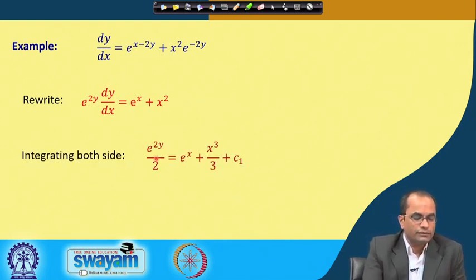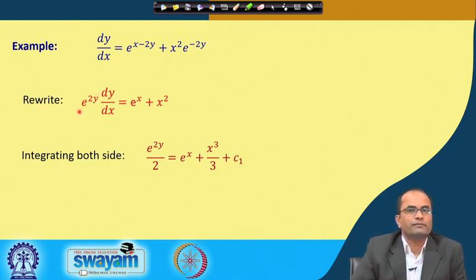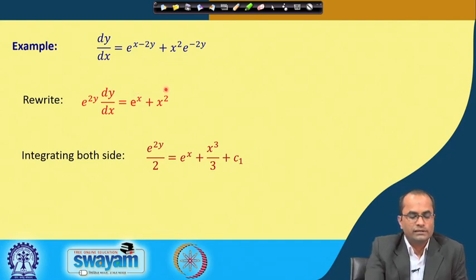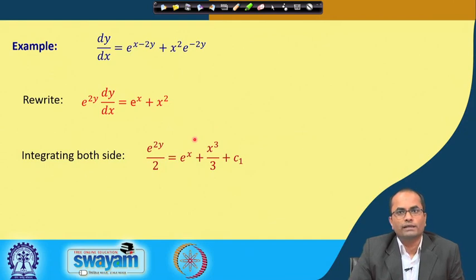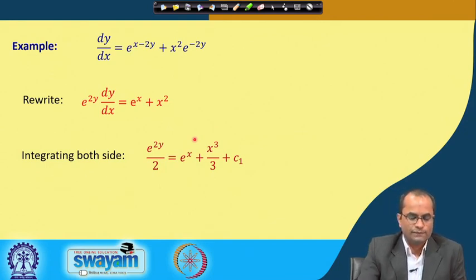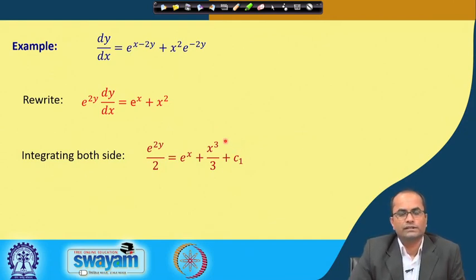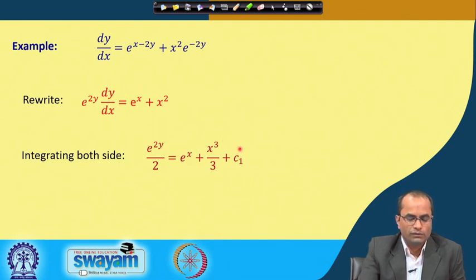Integrating e^(2y) we get e^(2y) divided by 2. On the right hand side, e^x remains e^x, and x^2 becomes x^3 by 3 when we integrate, plus one constant of integration which we call c1.